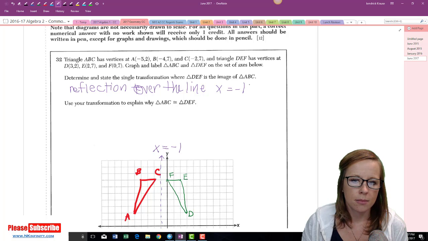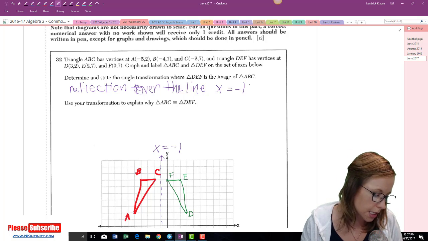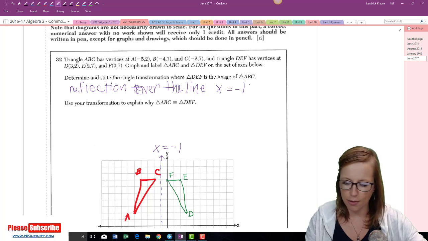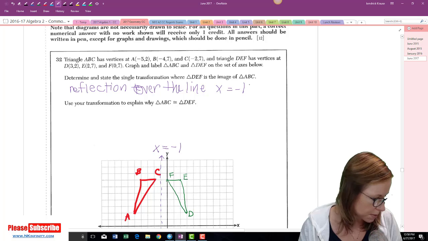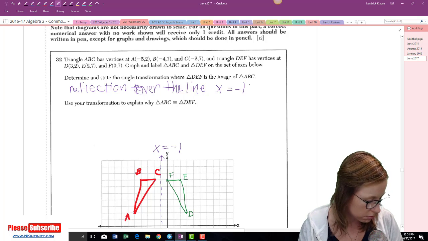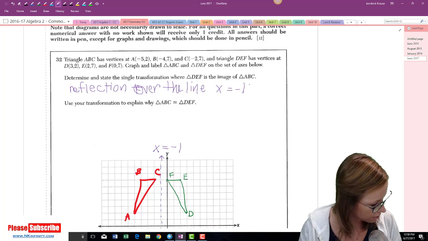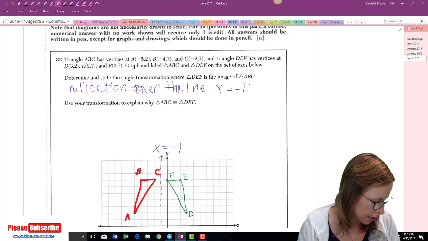Okay, use your transformation to explain why triangle ABC is congruent to triangle DEF. I said a reflection is a congruence transformation. One of the other grown-ups at my school used different words, but they said the same thing. Something about rigid motion, I want to say.